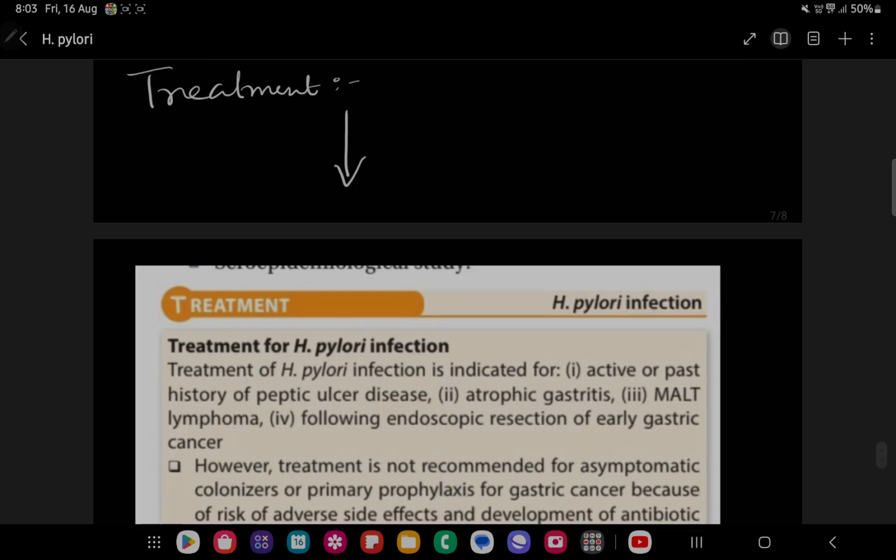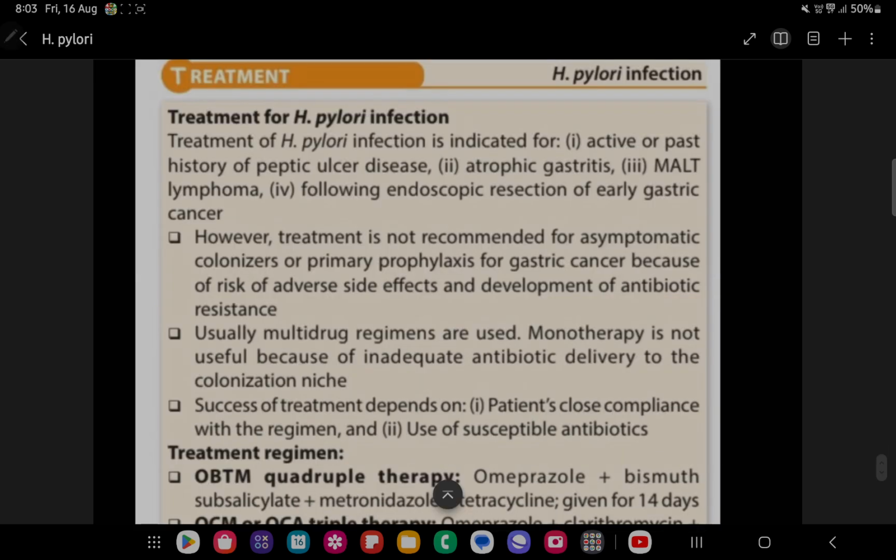Coming to the treatment. So what's the treatment? So here is the treatment part of H. pylori. It is indicated if there is an active or past history of peptic ulcer disease, or atrophic gastritis, or MALT lymphoma, or following endoscopic resection of early gastric cancer.